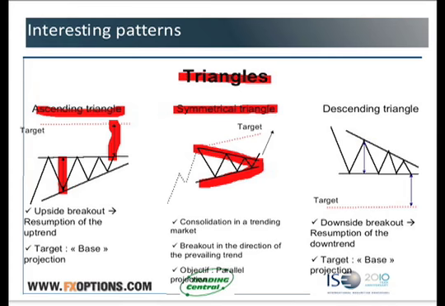This is exactly the same for the descending triangle. Take the base until the support, and once the support is broken down, you can find the target. This kind of pattern often works very well.